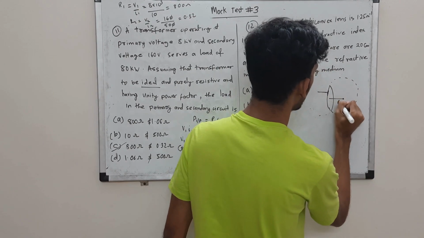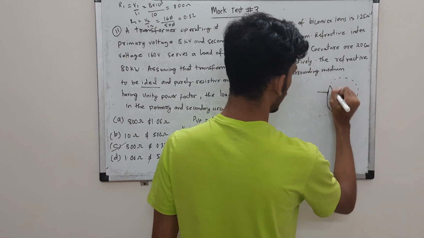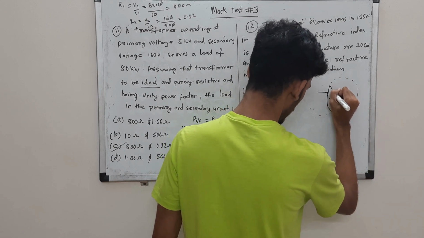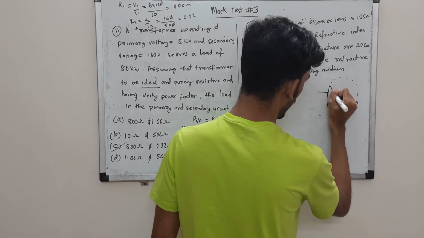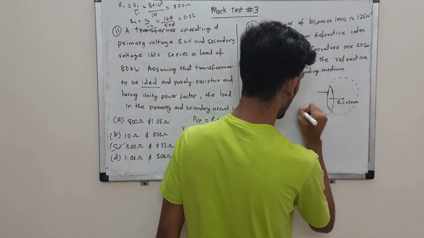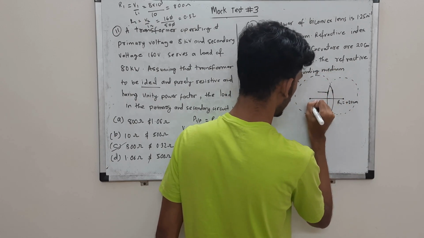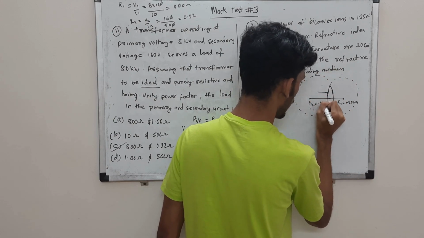So R1 is plus 20, in the direction of the incident ray. Now R2 is for this surface, on which the ray is incident second. So that circle is over here, and R2 will be minus 40 centimeter.